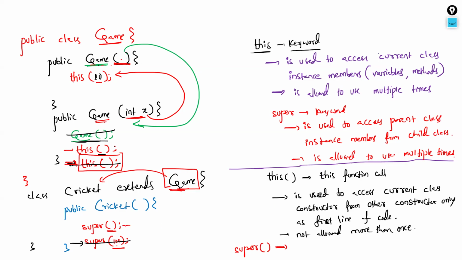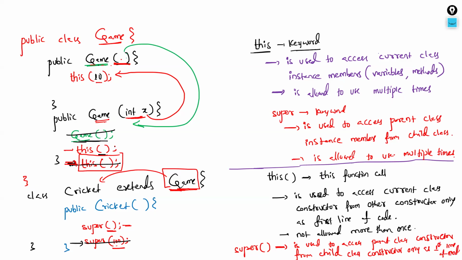Super function call is used to access the parent class constructor from the child class constructor only, as the first line of code.